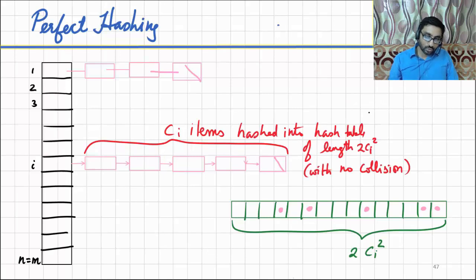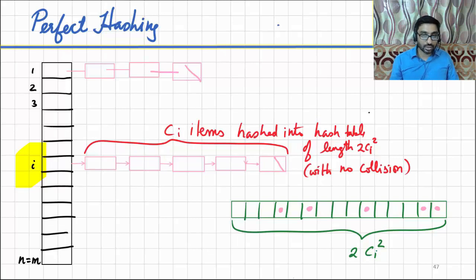So let's focus on one particular hash location i at which some ci items have been hashed into. So the chain there is ci items. What we do is we take the chain of items and hash it into another hash table of length 2 ci squared.